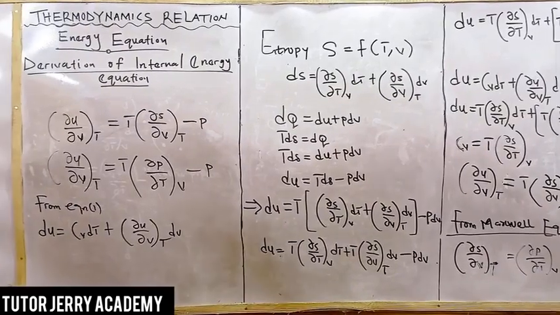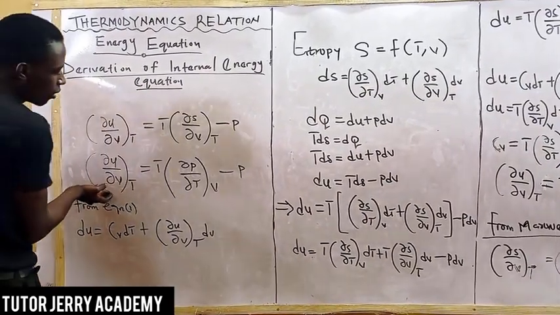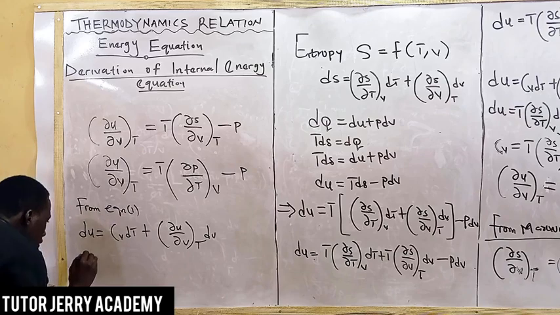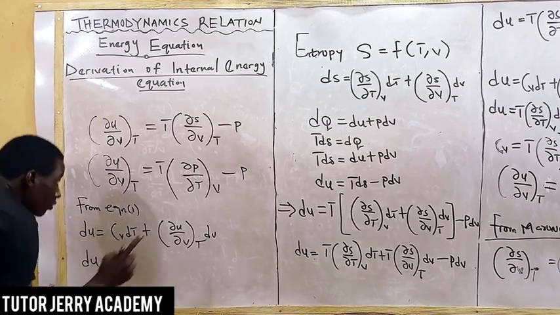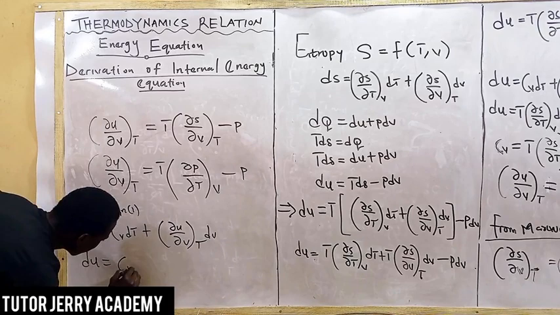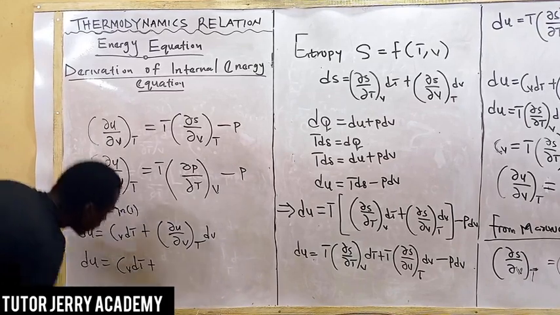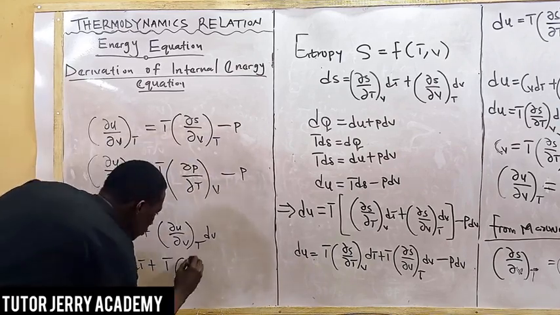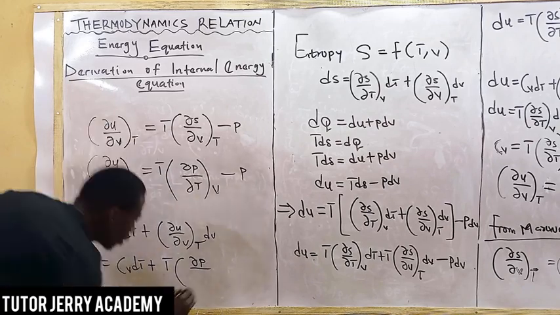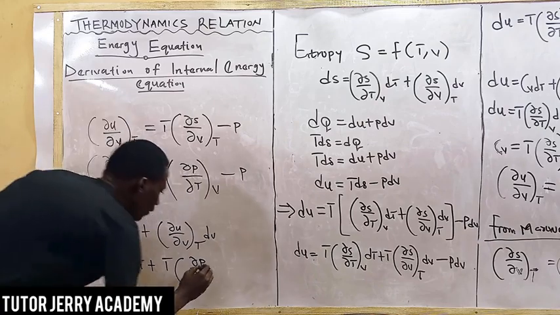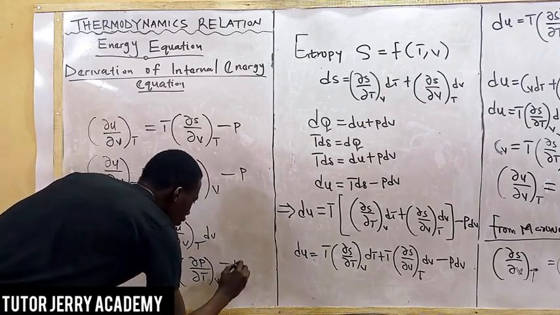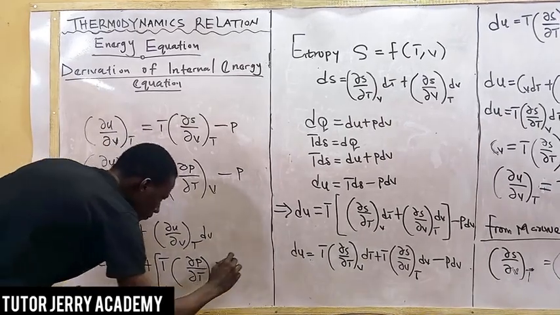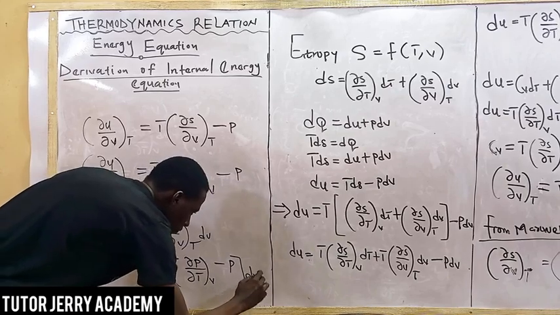So next, we are going to be substituting this value, which is equal to this, for this in this equation. If we do that, du will be equal to Cv dt plus t into the partial derivative of p by the partial derivative of t, keeping v constant, minus p, all times dv. So this is what we have.